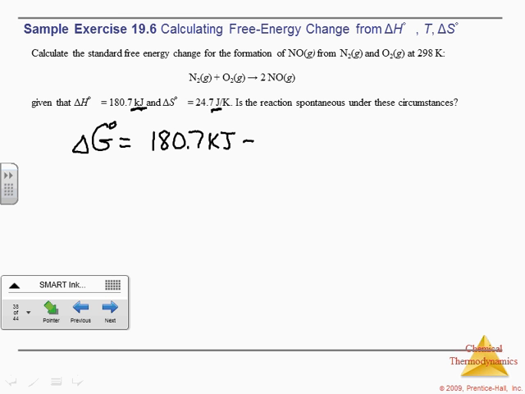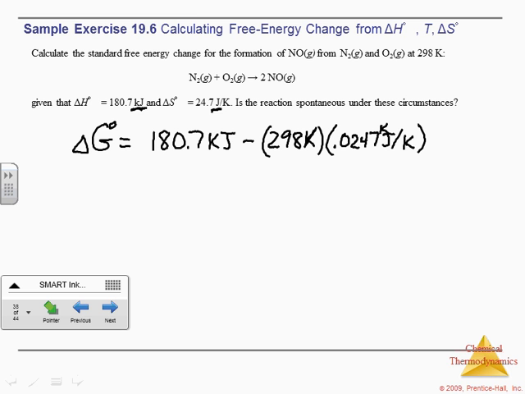The T needs to be in Kelvin temperature. Okay, so you got to watch your units on that as well because this is in joules per Kelvin for the entropy. So 298 K is our temperature here, times our delta S, which is 0.0247 kilojoules per K. I just converted that into kilojoules.